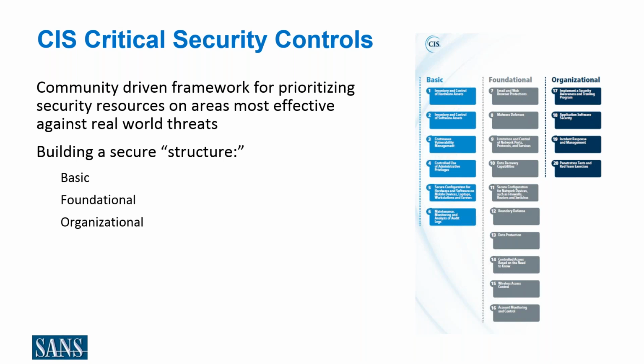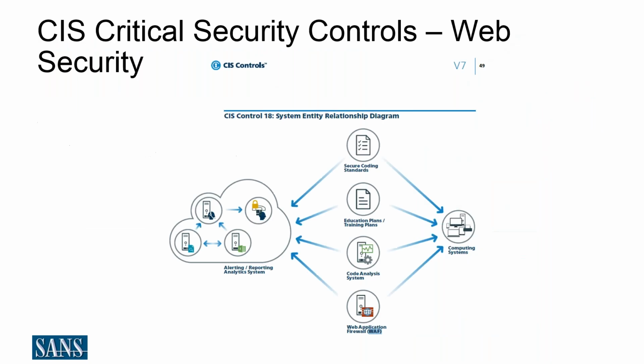Then the organizational controls are a lot more people and process type things. Web security plays a key role in there, and you see Control 18 is the one that focuses on this. In the CIS documents, they give you these entity relationship diagrams that show on the left the security controls you might put in place, and on the right the computing systems and the information you're protecting.